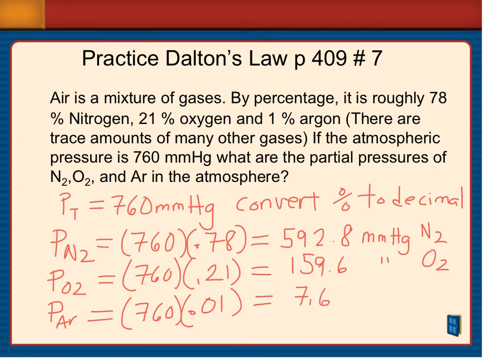And the partial pressure of argon comes out to be 7.6 millimeters of mercury. And that is basically that problem. The total should be around 100%. Might want to check that.